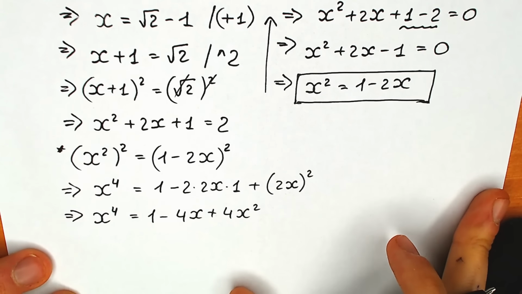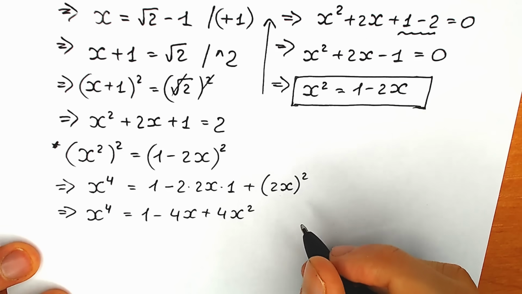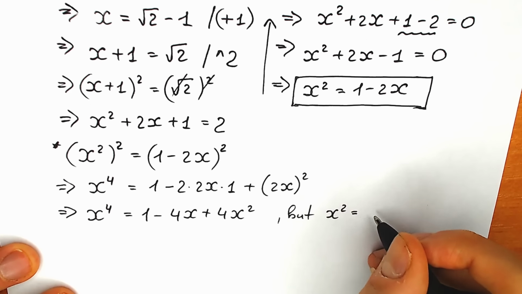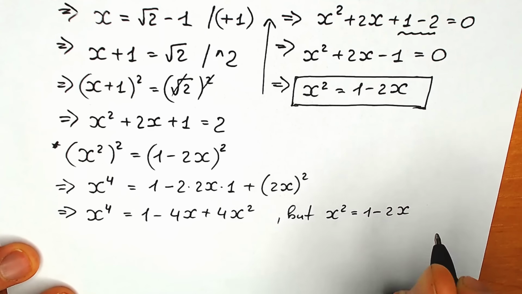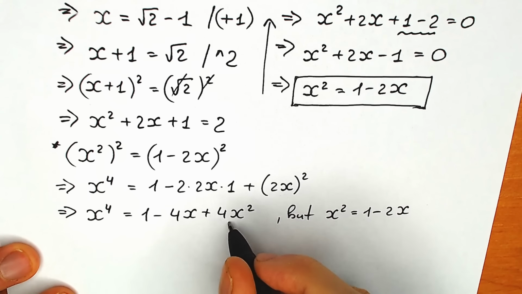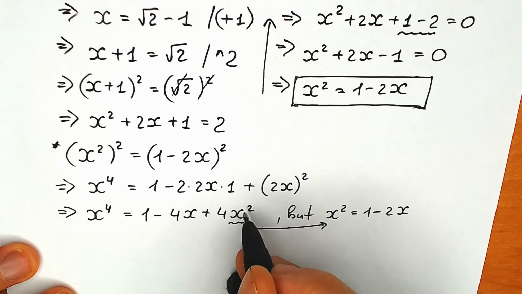And right now, one really tricky moment, because x squared equal to 1 minus 2x. So let's write it: x squared equal to 1 minus 2x. And this expression helps us to reduce a power, so we will not have a square. So that's why instead of this x squared, we plug in 1 minus 2x right here at this place.